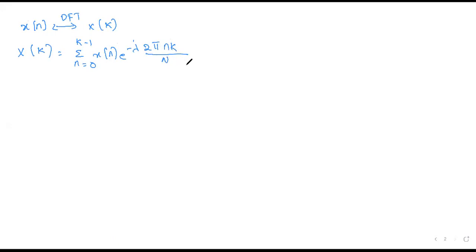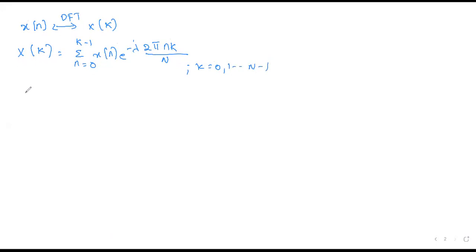So once again, if x of n has the discrete Fourier transform x of k, then x of k is evaluated as sigma n is equal to 0 to N minus 1 x of n into e to the power of minus j 2 pi n k by capital N, where k is equal to 0 to N minus 1.